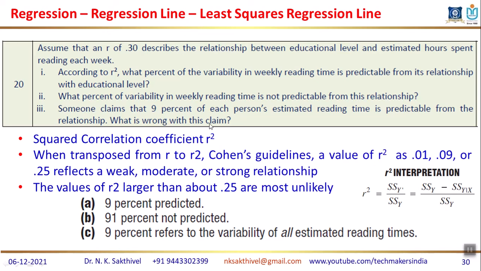The estimation is 9% of all people can be trusted to be predictable. Understand? Okay, the answer. So the problem is applying your common sense and you can answer. No calculations and all. Cohen's guidelines are already given.